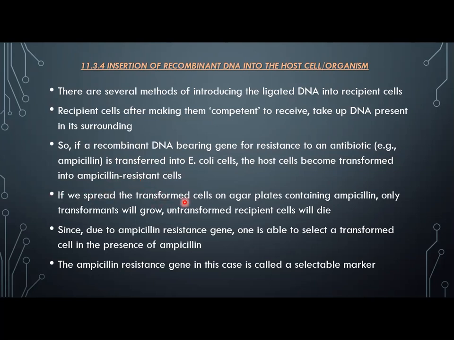If we spread the transformed cells on agar plates containing ampicillin, only transformants will grow. Untransformed recipient cells will die. Due to the ampicillin resistance gene, one is able to select a transformed cell in the presence of ampicillin. The ampicillin resistance gene in this case is called a selectable marker.